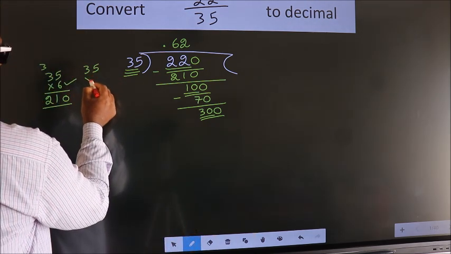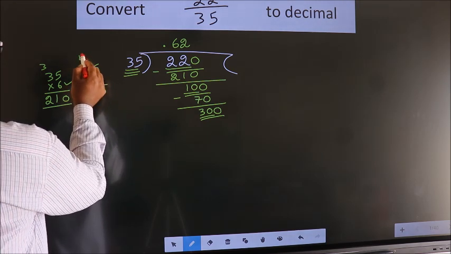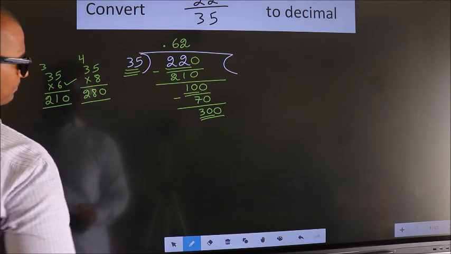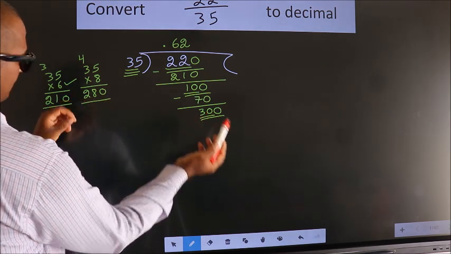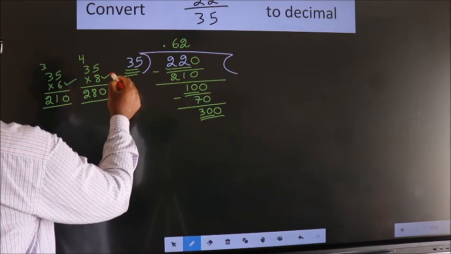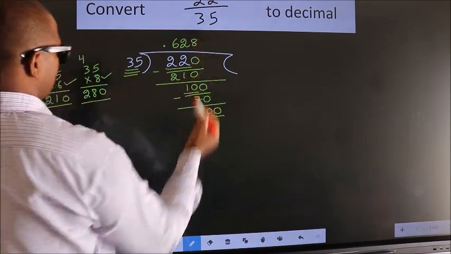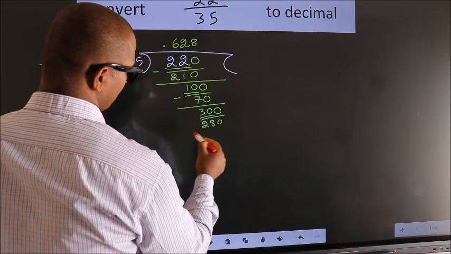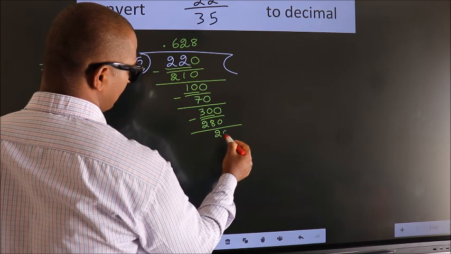So 35 8 times: 8 5s 40, 0, 4; 8 3s 24 plus 4, 28. So 280 is close to 300, so we should go with 8 times. So 35 8 times, 280. Now we subtract, we get 20.